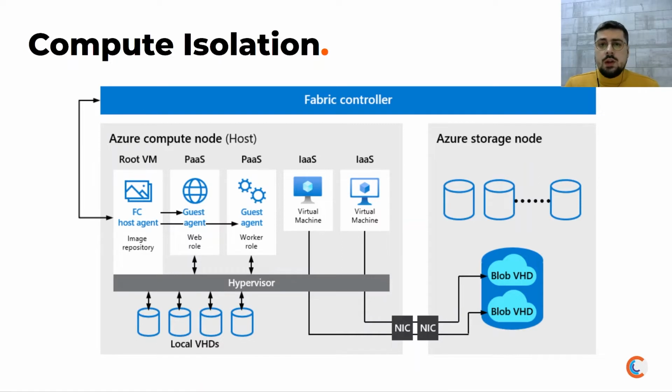For example, the Fabric Controller is responsible for recreating VM instances on healthy servers when it determines that a server has failed. It also allocates infrastructure resources for tenant workloads, and it manages communication from the host to virtual machines.